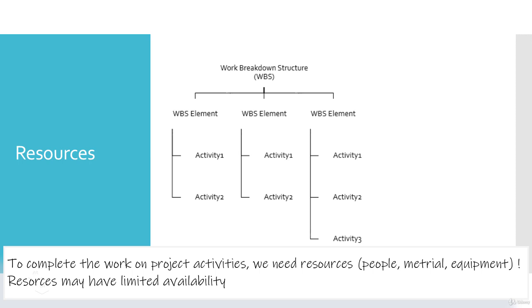Please note that the project resources can be in the form of people, material, or equipment. So in order to complete work on these activities within the permitted time frame, we have to assign the appropriate resources to every project activity that we have in our project.